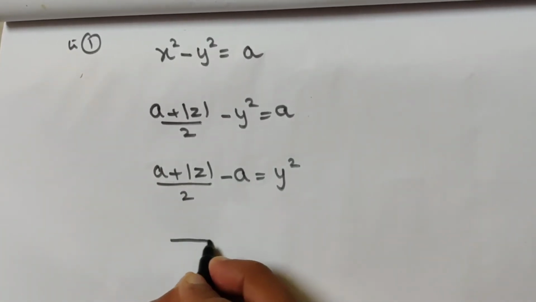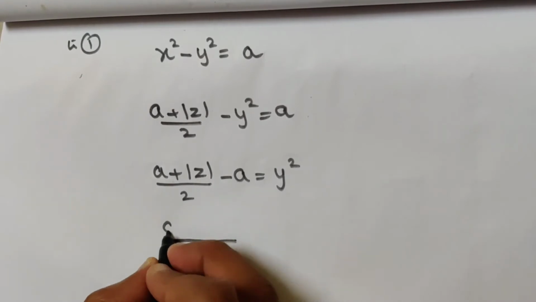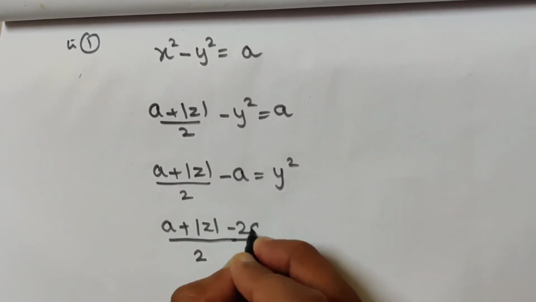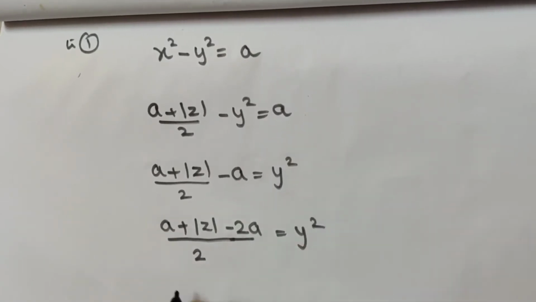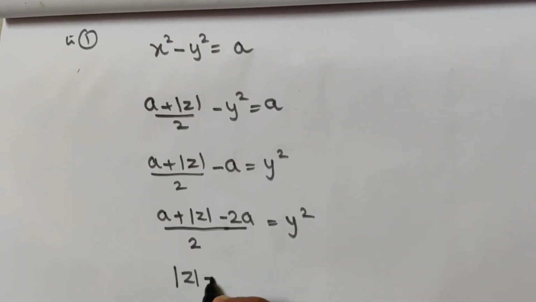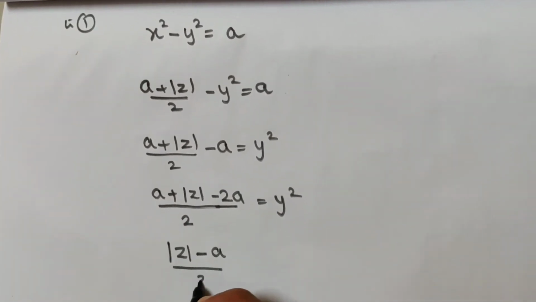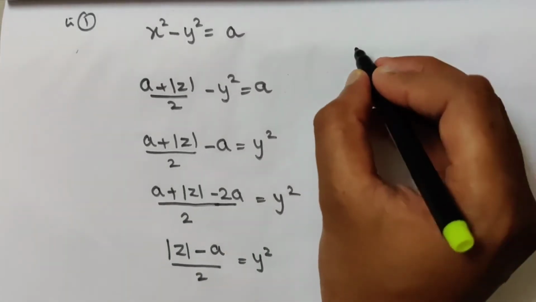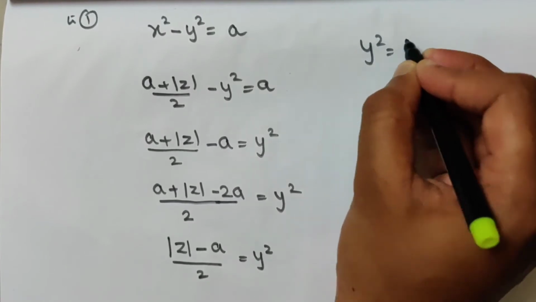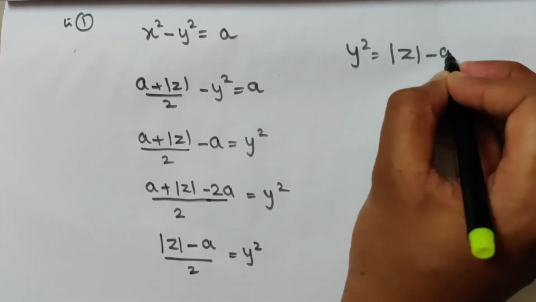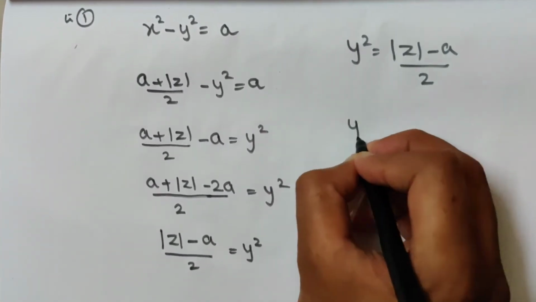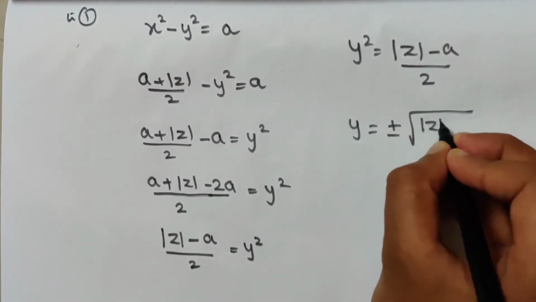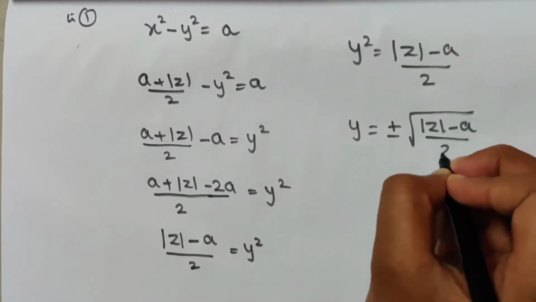If we take the LCM, a plus modulus of z minus 2a is equal to y square. So modulus of z minus a divided by 2 is equal to y square. My y square is equal to modulus of z minus a by 2. Then my y is equal to plus or minus root of modulus of z minus a by 2.